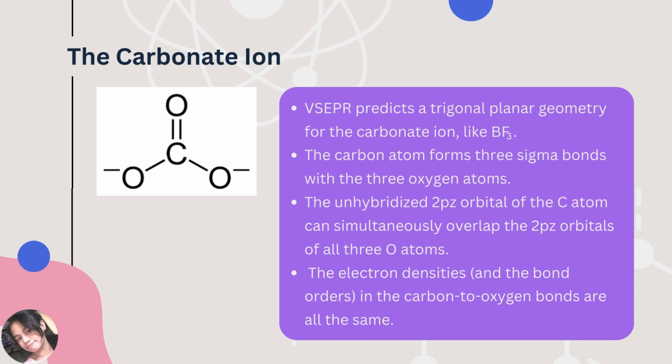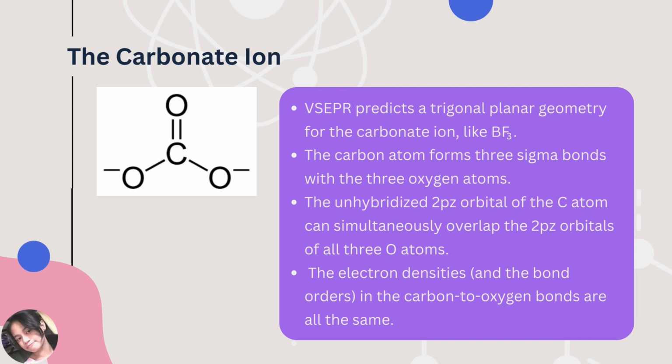The C atom forms sigma bonds with three O atoms, thus the unhybridized 2pz orbital of the C atom can simultaneously overlap the 2pz orbitals of all the O atoms. The result is a delocalized molecular orbital that extends over all four nuclei in such a way that the electron densities in the carbon-to-oxygen bonds are the same.